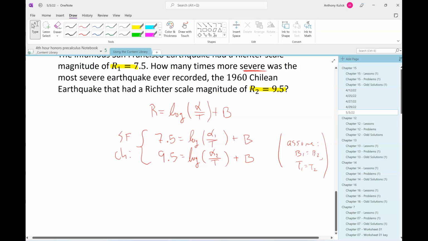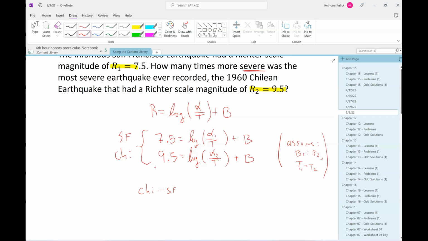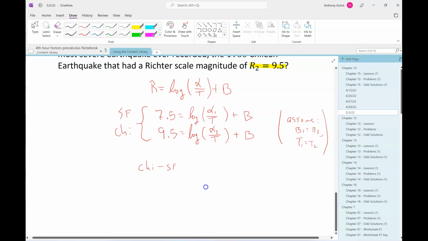Okay. So to solve this system, I'm going to subtract the San Francisco earthquake from the Chilean earthquake. I'm going to choose to do that order because I want the output of my difference of logs to be a positive number. It just makes everything arithmetically a little bit simpler.